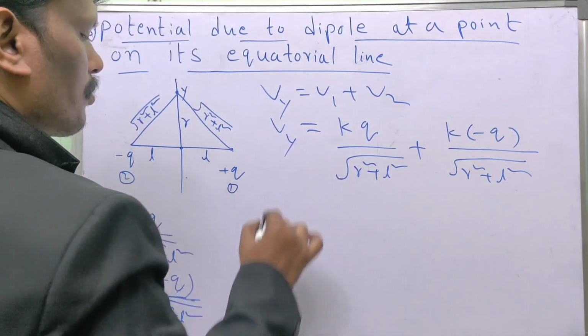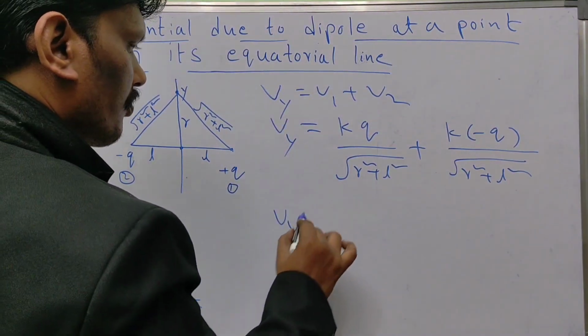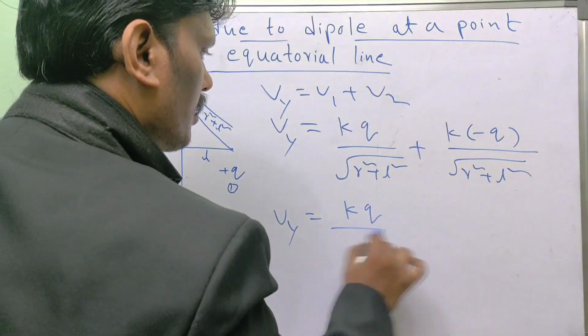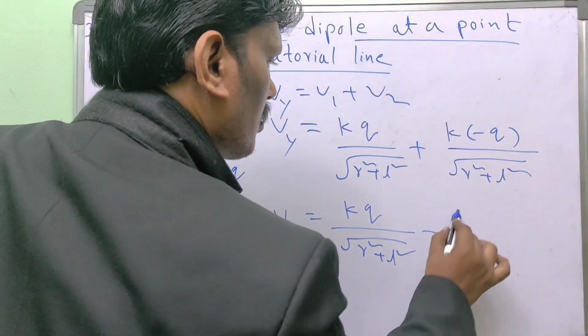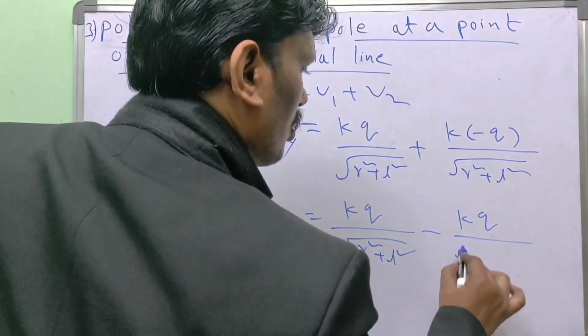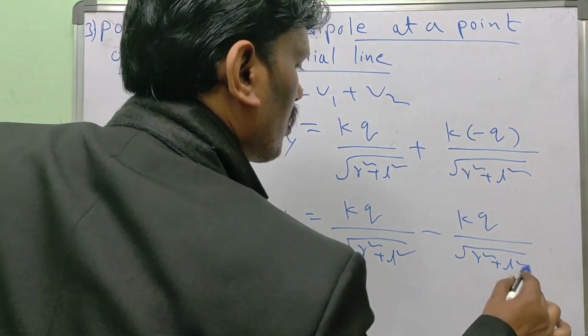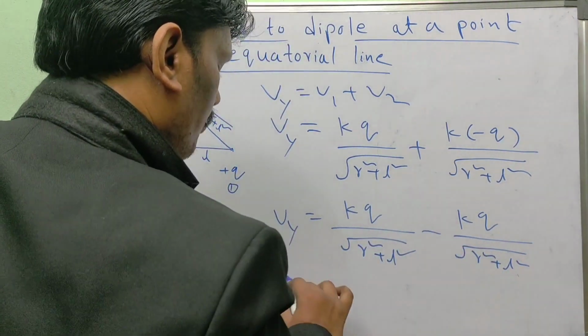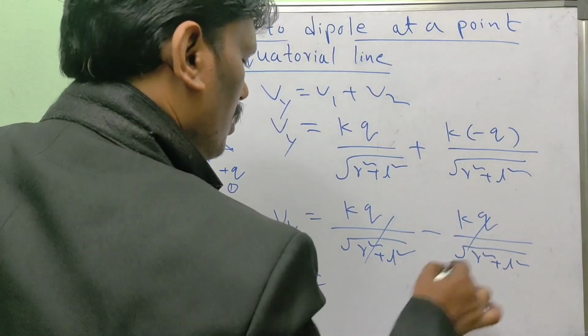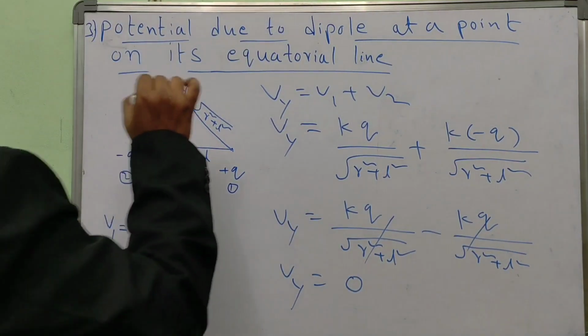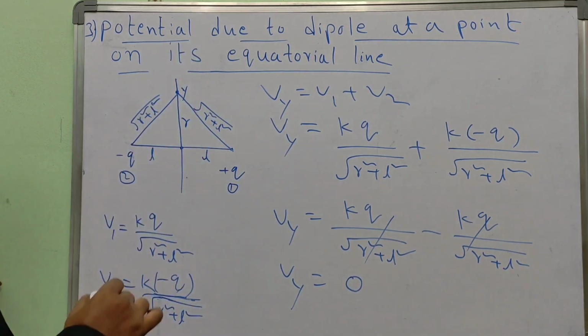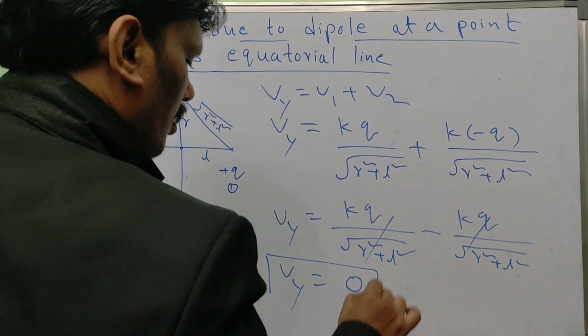So finally K into Q by root of R square plus L square, plus minus K into Q upon root of R square plus L square. Both are the same, so finally we are going to get 0. So potential at any point on its equatorial line is 0, no doubt at all.